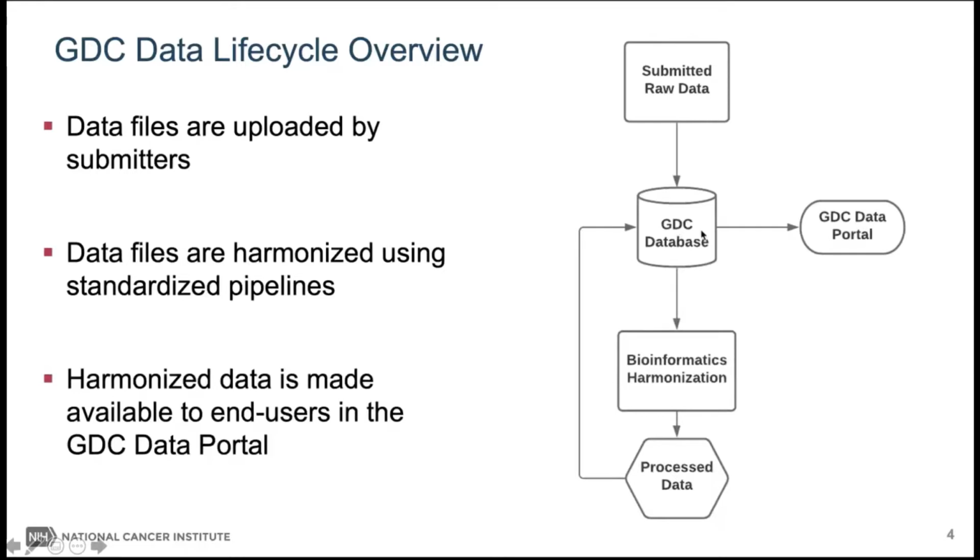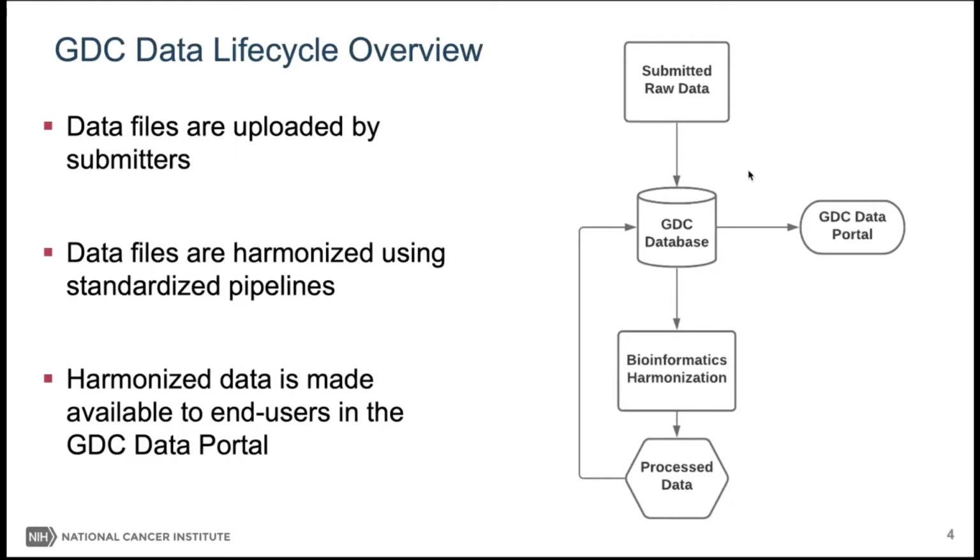This includes biospecimen, clinical data, as well as molecular files, and metadata about those molecular files. Once data files are uploaded and they are in the GDC database, they are harmonized using a series of bioinformatics pipelines.